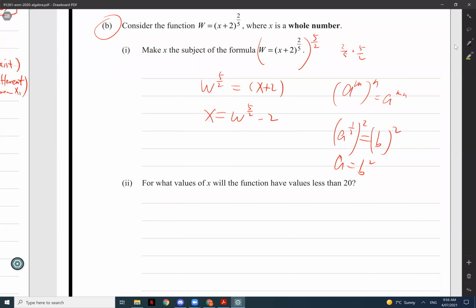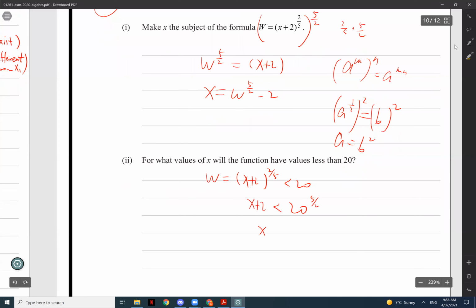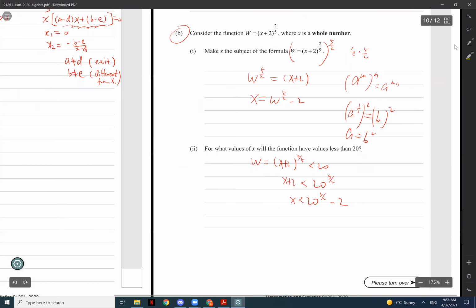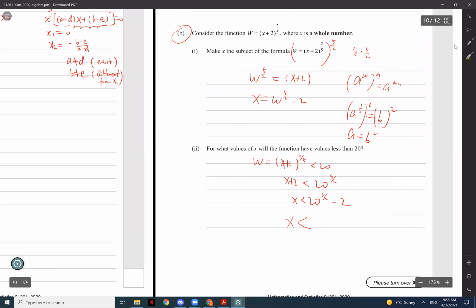Nathan, the value less than 20 means W equals (x plus 2) over 5 less than 20, or x plus 2 less than 20 to the power 5 over 2, or x less than 20 to the power 5 over 2 minus 2. Use the calculator.